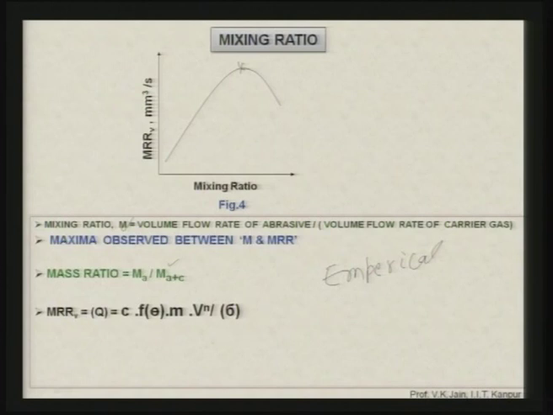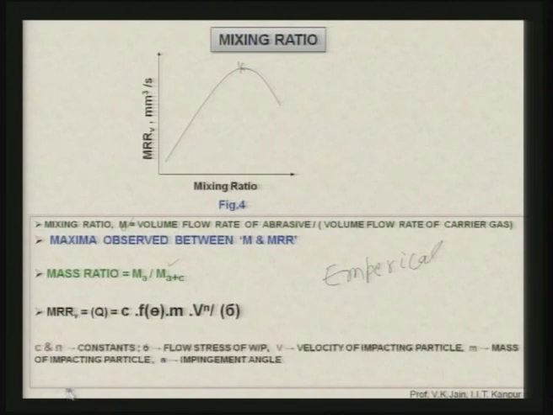This empirical formula is given over here for calculating the volumetric material removal rate, that is Q, where C and then theta m v raised to power n divided by sigma. Now, this parameter is a function of theta.